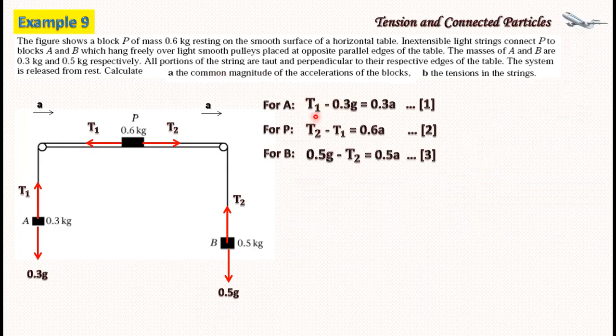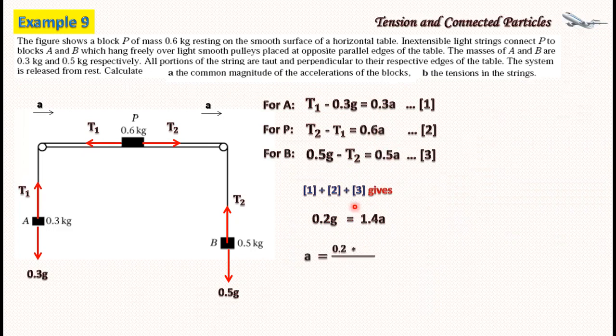If you just add equations 1, 2, and 3, we'll see how the parameters disappear. So adding gives us minus 0.3 G plus 0.5 G, so we have 0.2 G equals 1.4 A.